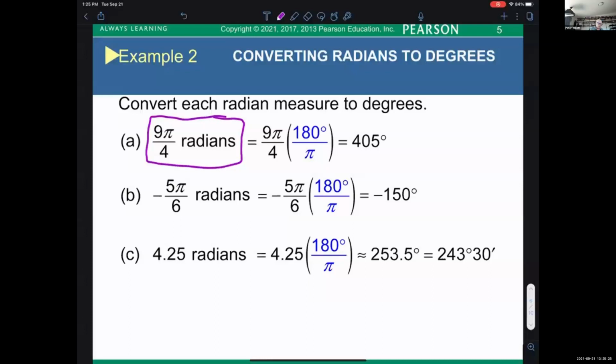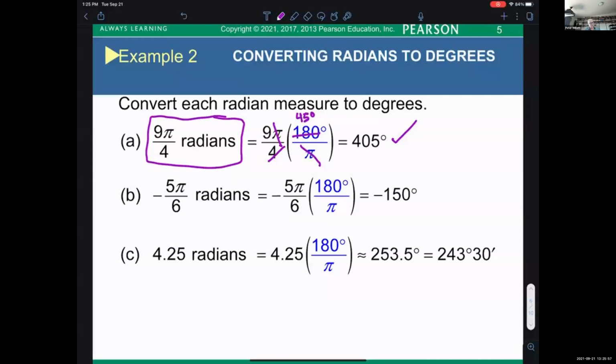And so if you take something with a pi in it and you multiply by 180 over pi, you can see that the pi's cancel out here. And then you would do some other canceling as well. Like if I divide 4 into 180, as we saw before, that's what gives you the 45 degrees. And if I multiply 45 by 9, that's how they got their 405 degrees.